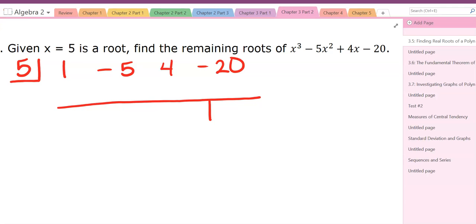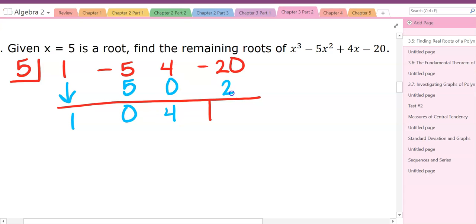I'll give you a minute to fill that out, and we'll just make sure that it matches mine. Okay, check your numbers, make sure that they match mine. That's what it should look like.